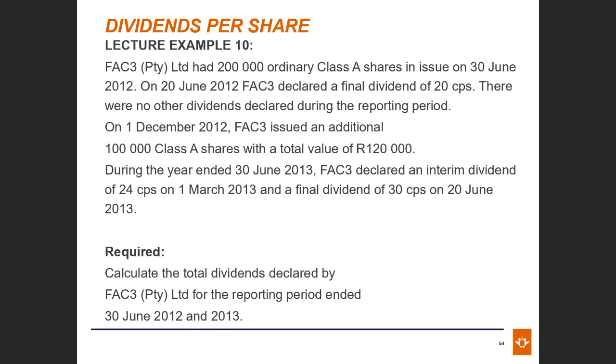Who can tell me here what the total dividends are? Let's break it down. In 2012, there were 200,000 ordinary shares in issue. They declared a final dividend of 20 cents per share. Can you tell me what is the total dividend declared for 2012?